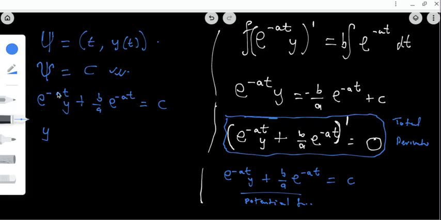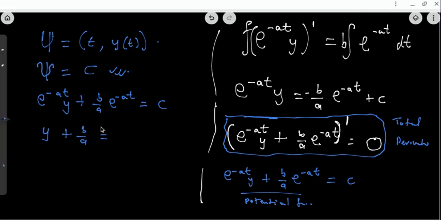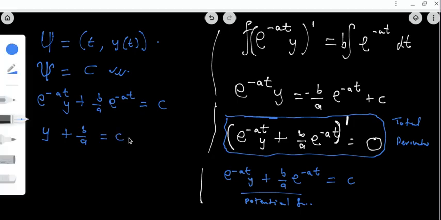When you divide through, this cancels and you get y here, plus b over a e^(-at) over e^(-at), which also cancels, so you get b over a, equal to c over e^(-at), and by the laws of indices, it becomes c e^(at).